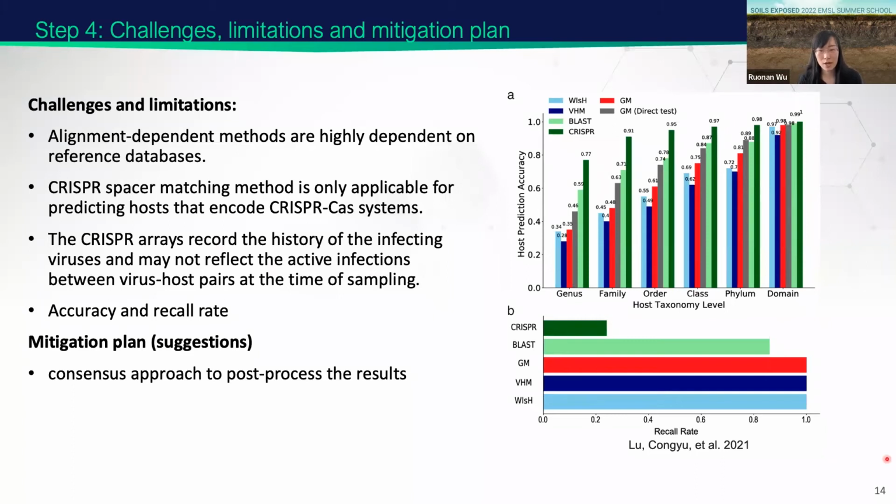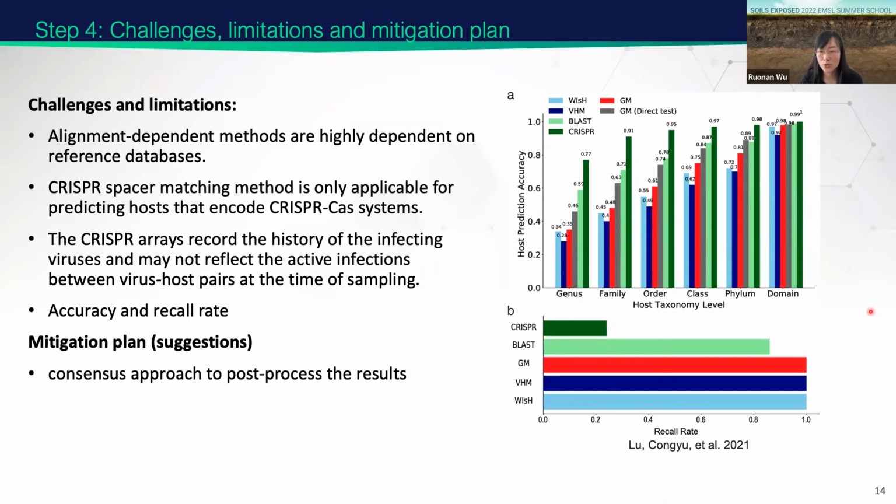Then the last challenge I would like to highlight is the problem of false positives, as always. The figure here shows a comparison between different methods, some alignment-based and some alignment-free. In panel A, it shows the predictive accuracy increased with the taxonomy levels, from the genus to the phylum and definitely the domain.